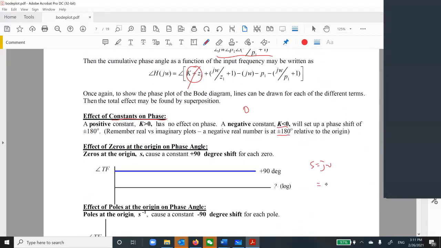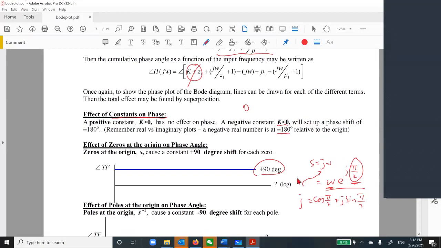We know that j omega can be written as omega e to the j half pi, because cosine half pi plus j sine half pi is j. So that's why you have a positive half pi, a positive 90 degrees, because the magnitude is omega and the phase is here.